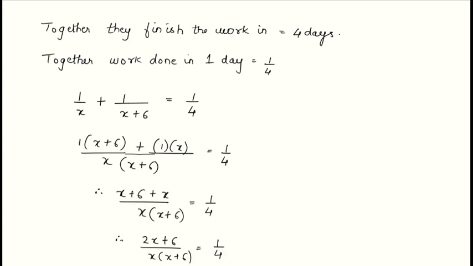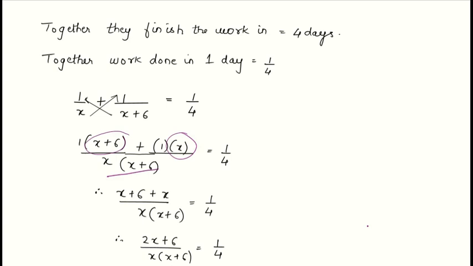As we are solving this, we are going to take the common denominator, that is x into x plus 6. Therefore, multiplying, we get 1 into x plus 6 and 1 into x, and the common denominator is x into x plus 6, which is equal to 1 upon 4.